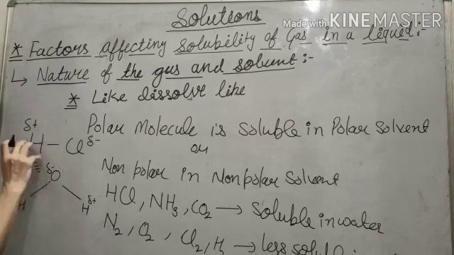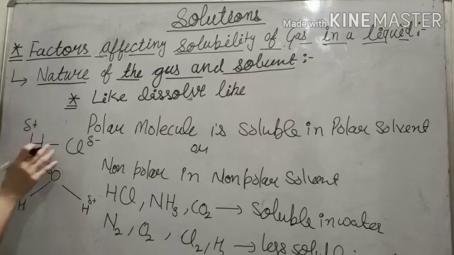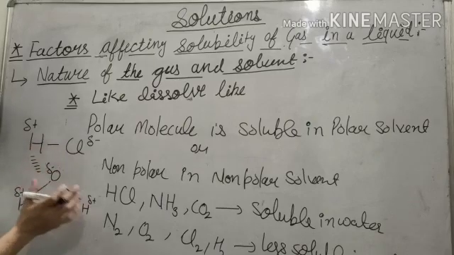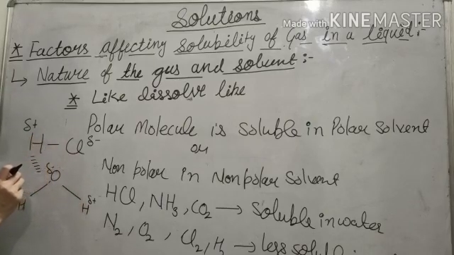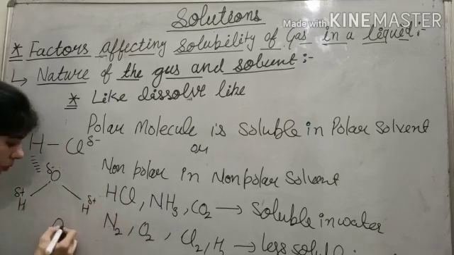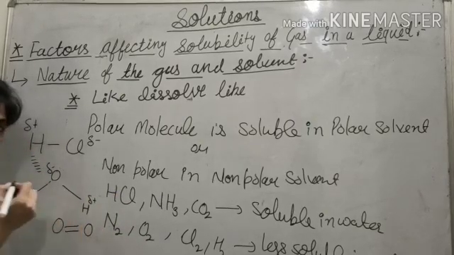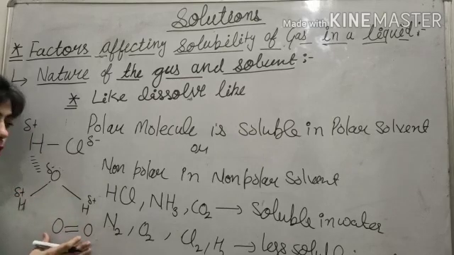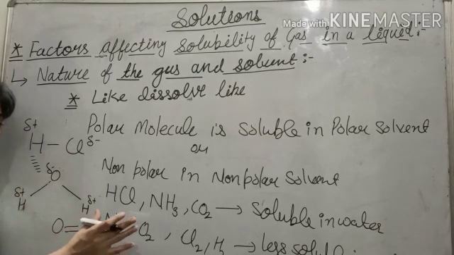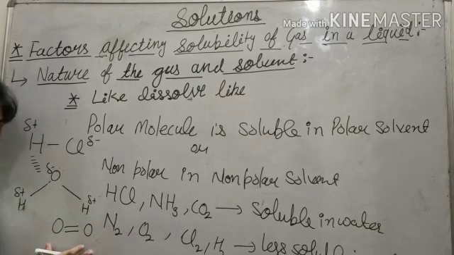So there are forces of attraction between these two, as both are polar in nature. Due to this, they are highly soluble in water. But in case of oxygen, the electronegativity of these two elements is the same, so it is a non-polar molecule. So it is less soluble in water.